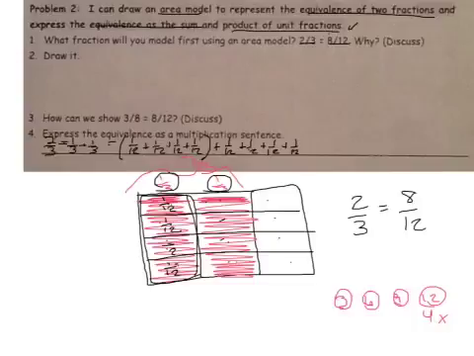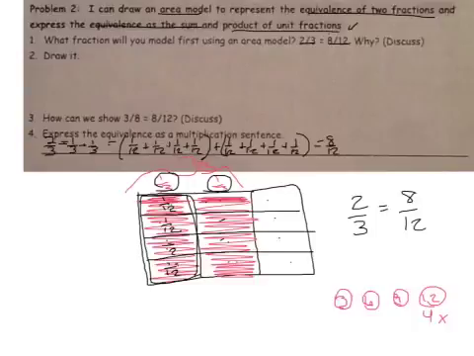Again, I grouped those because that's what equaled the original 1/3. And I know all of those 12ths, 1, 2, 3, 4, 5, 6, 7, 8, equals 8/12.